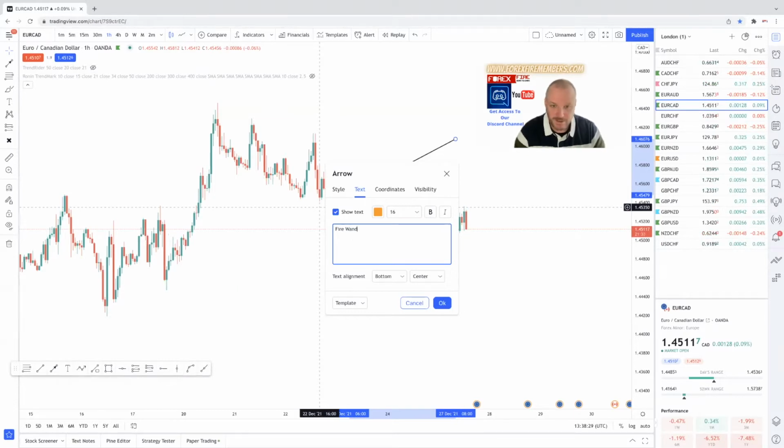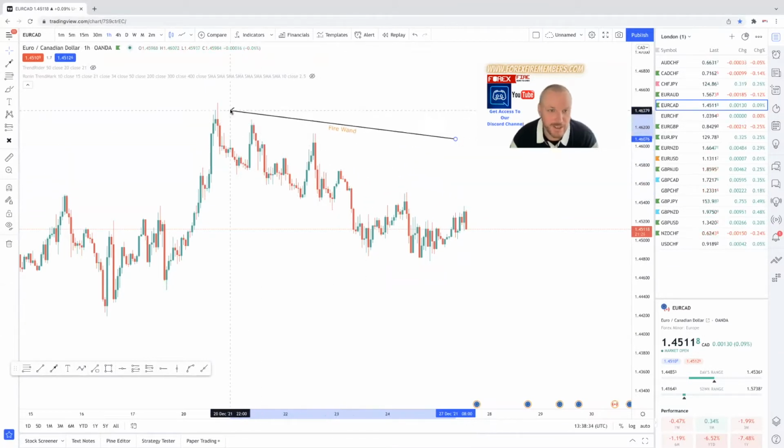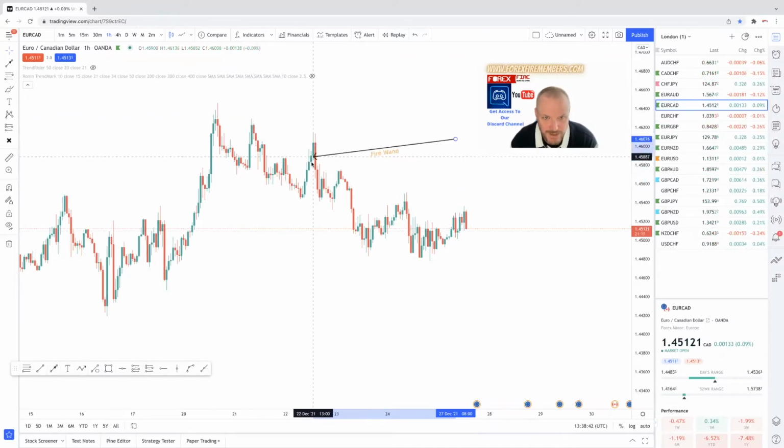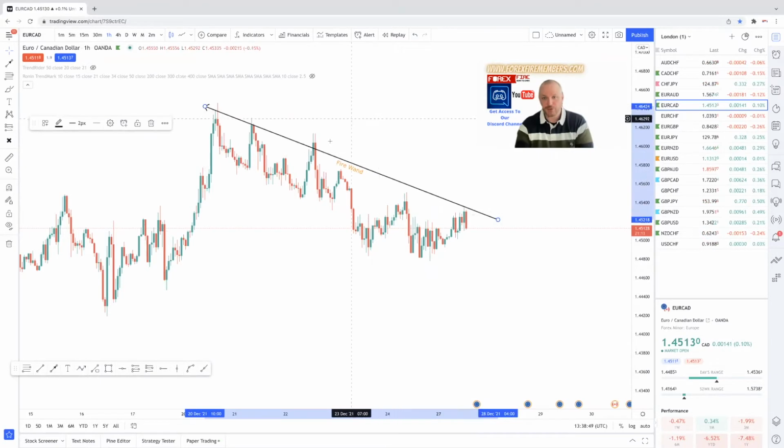You'll see on here we've got highs, lows, lower highs, lower lows, lower highs, lower lows, lower highs, lower lows. There's a bit of a trend on a down push going on here.